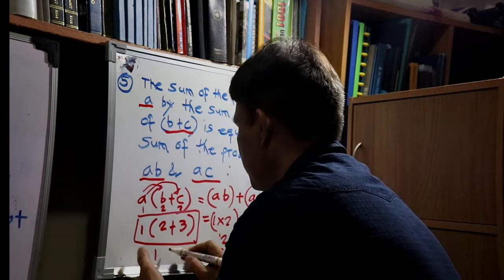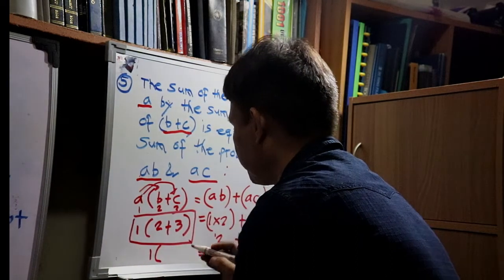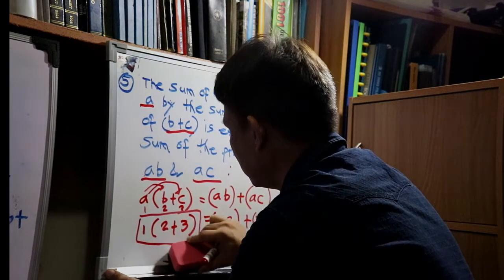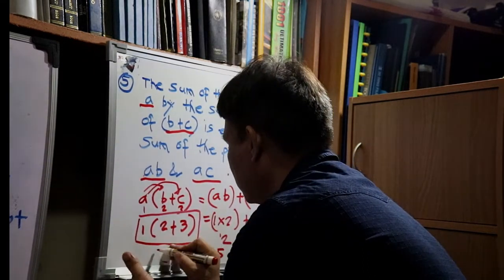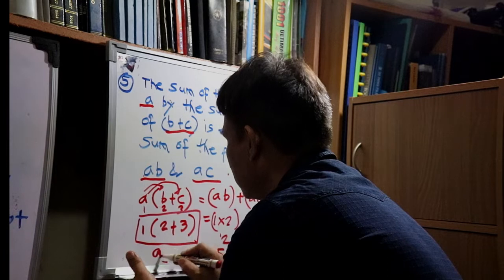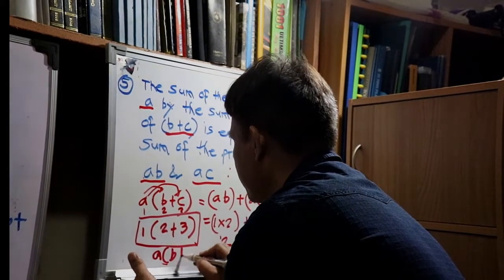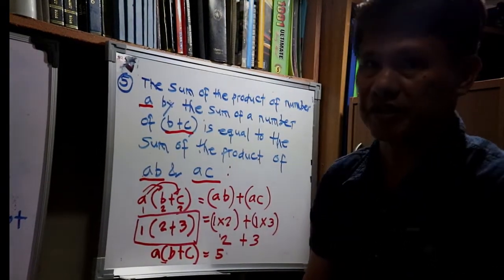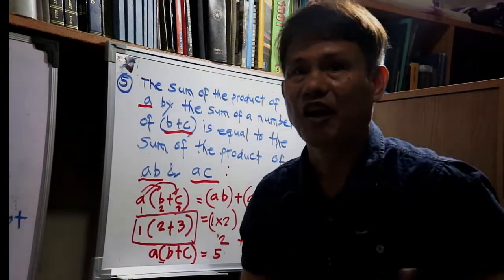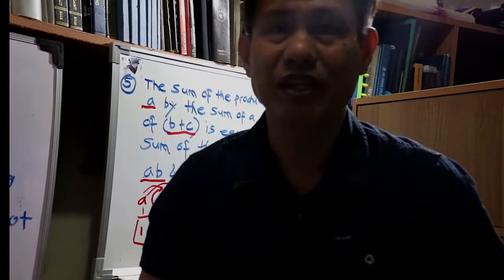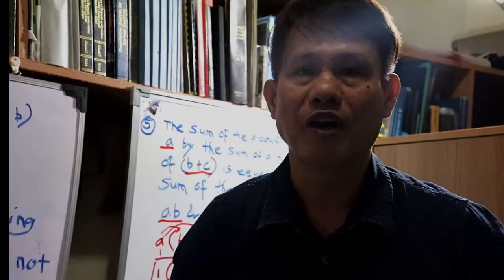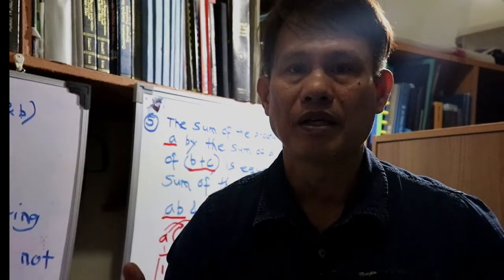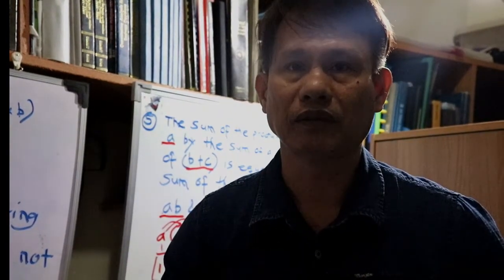So this is the equivalent of interpreting this. Okay? Hope you guys have learned the 5 properties of real numbers as we have discussed earlier.